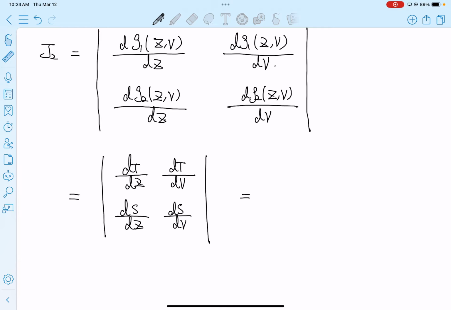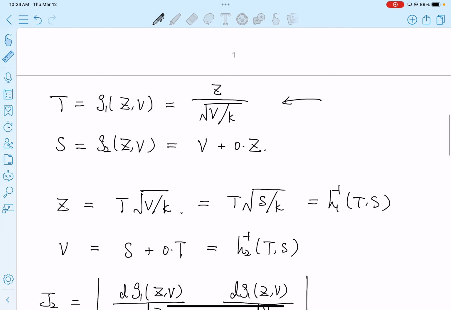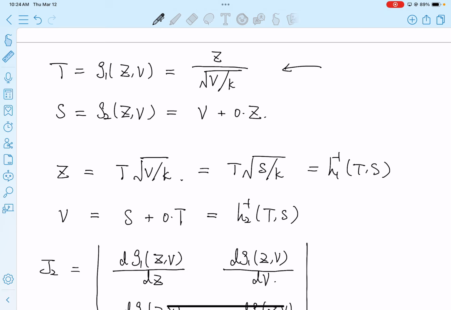Okay, so now let's take a look at the formula that we have for t. So earlier we noticed, or by construction, this is the formula for t. And our first input is that we need the g1 with respect to z. So what is the derivative of g1 with respect to z here?